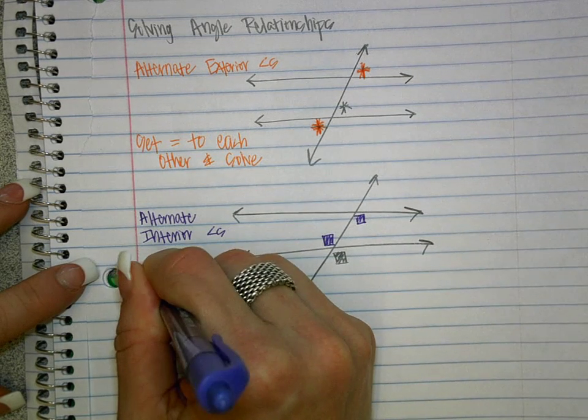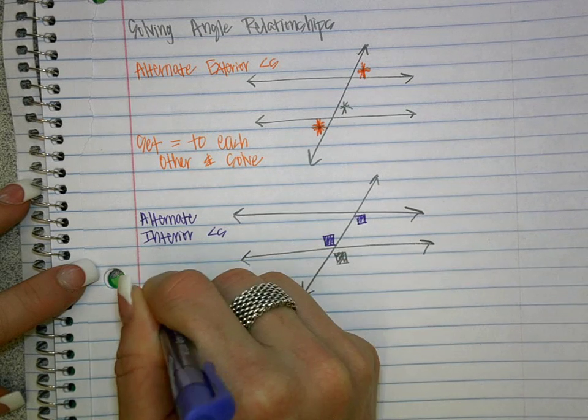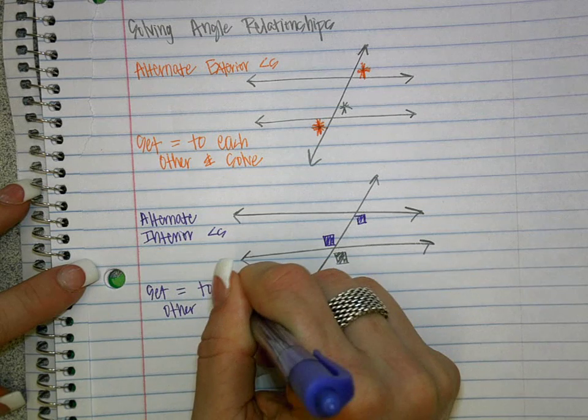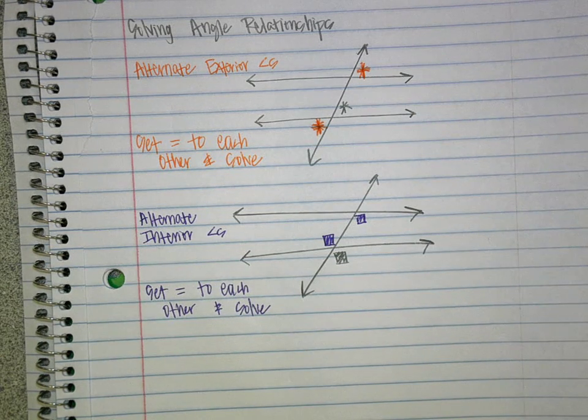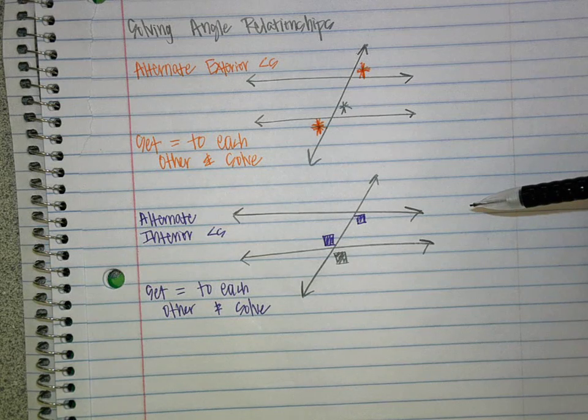So again, you're going to set them equal to each other and solve. Those are the two different ones we're looking at today. Anyone have any questions about why they're called what they're called?